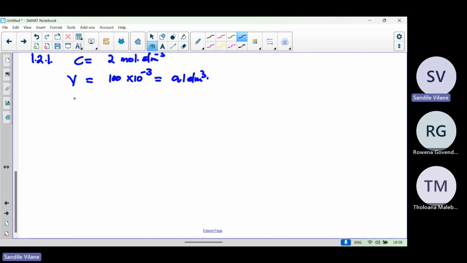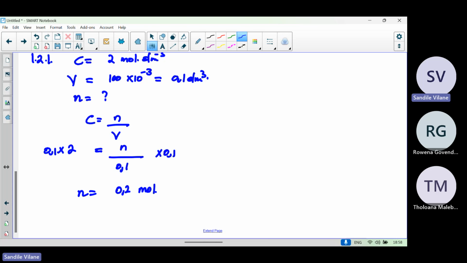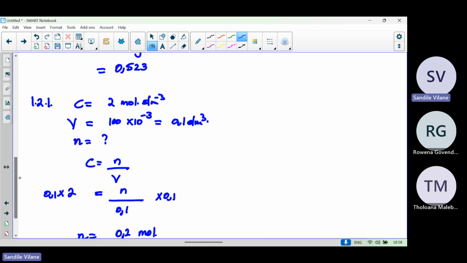Then we can easily calculate the number of moles from the formula C equals n over V, where this is 2, this is not known, and this is 0.1. Multiplying both sides by 0.1, we can see that the number of moles of hydrochloric acid is 0.2. This is a straightforward thing. I believe you guys won't have a problem with that.